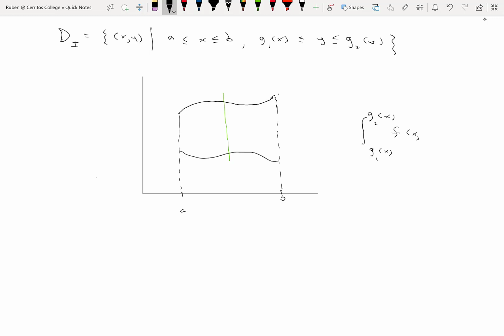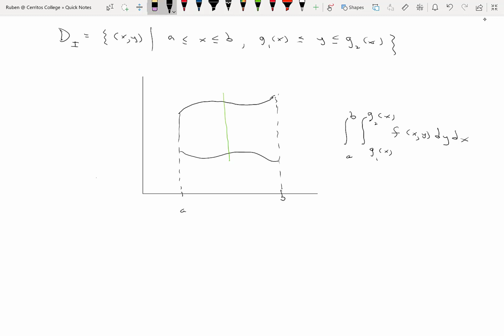We're integrating the function f of x, y with respect to y in that direction of the green line, and then we integrate with respect to x as x varies between a and b. Let me see if I can clean up that upper limit a little bit.